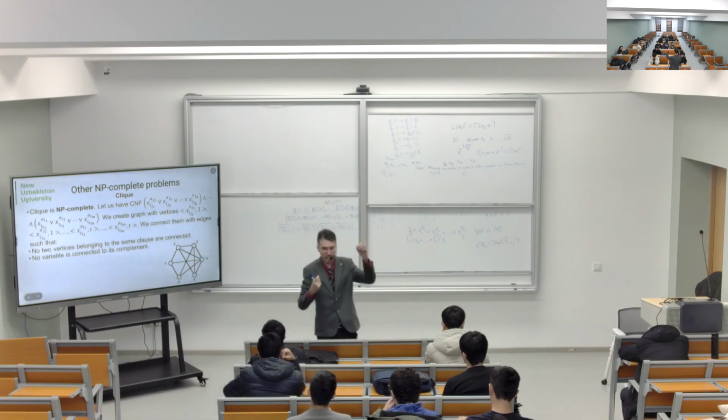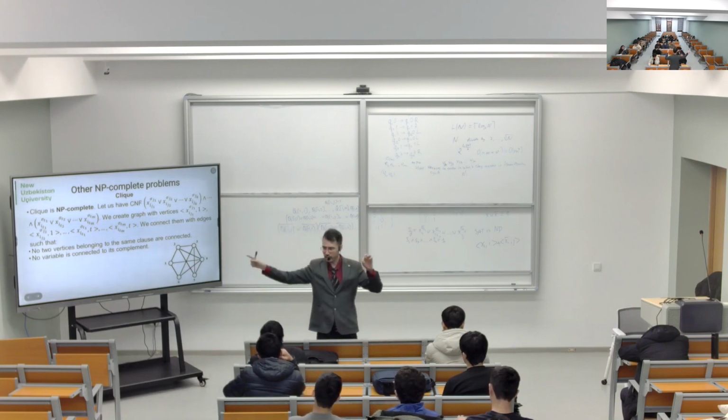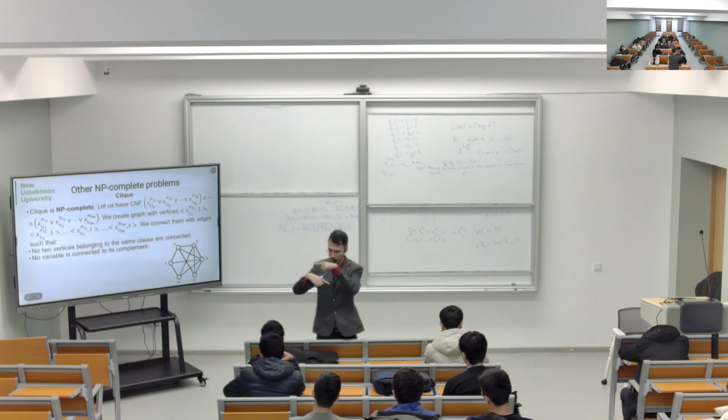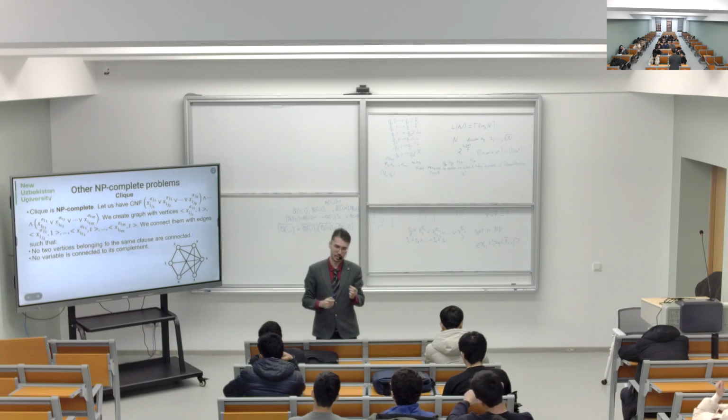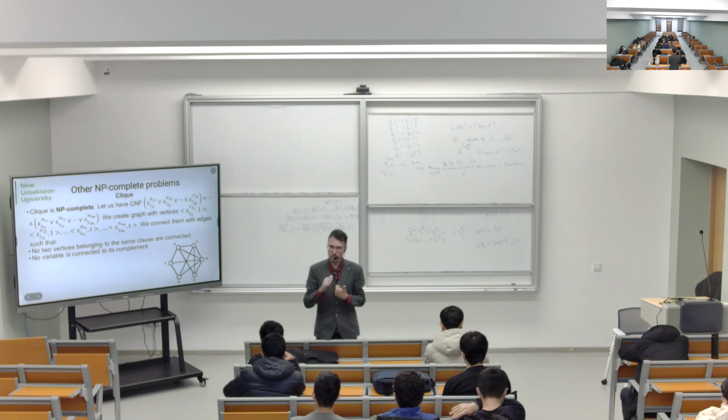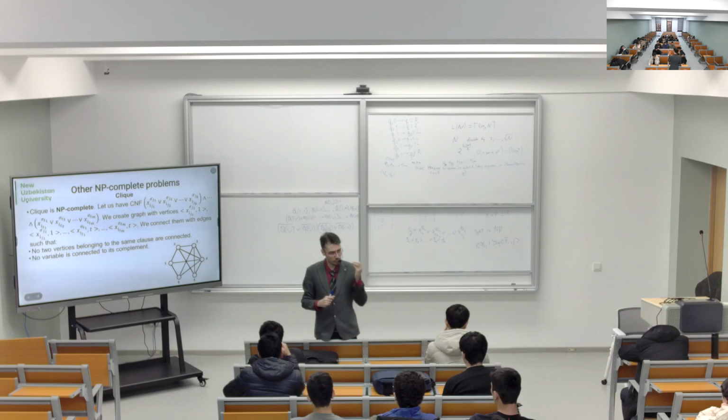If we connect these vertices in this order and have a clique, that is, they are all connected, it says that they are not from the same clause. Because they are not from the same clause, we selected one variable from each clause. Then, if they are connected, there are no contradictions. They are all the same.